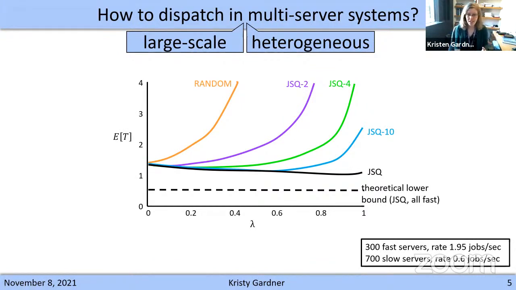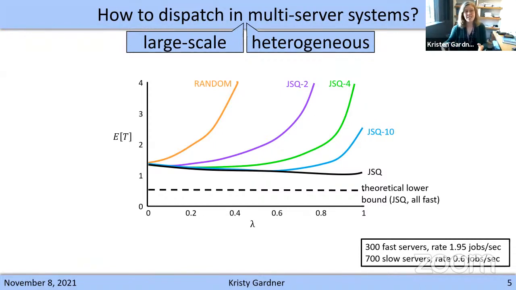And what's happening here has to do with the extent to which the fast servers are being used. We're doing uniform querying of our servers. When lambda is really, really low, we're going to query our fast servers and our slow servers with equal probability. Because all of our servers are idle when lambda is really low, there's nothing that tells us it's better to use a fast server than a slow server. So we're sending jobs to fast and slow servers in proportion to the number of servers that are fast and slow.